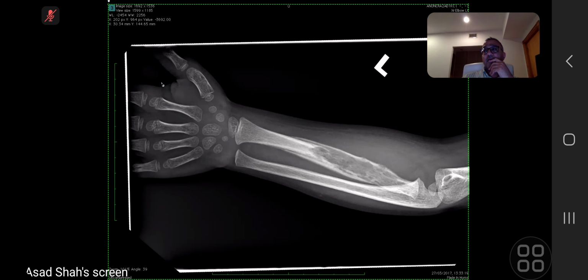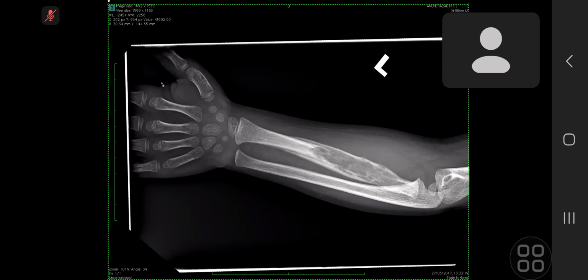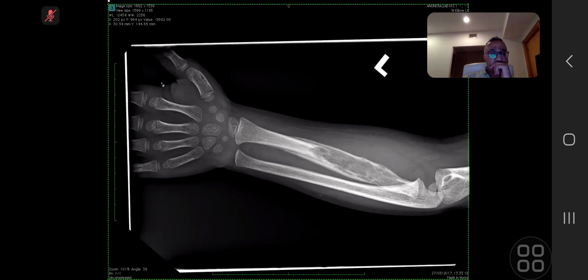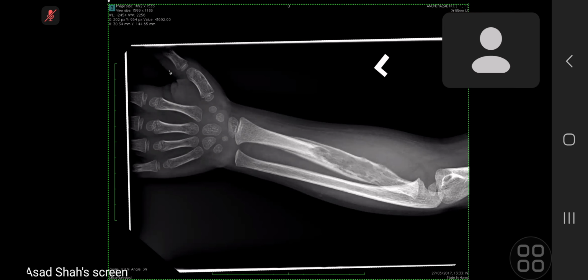Right, okay. What's another important differential that you haven't mentioned? You said Ewing's, Langerhans cell histiocytosis, neuroblastoma metastases. There's a third one I would put in there. Which other aggressive process can look like this? Any infective process. It can be osteomyelitis, but that is again less likely.